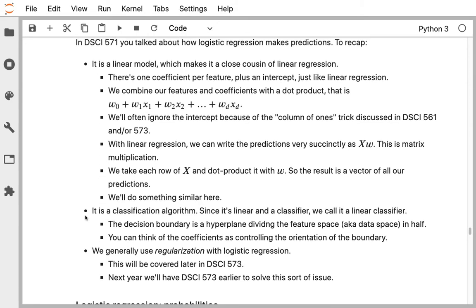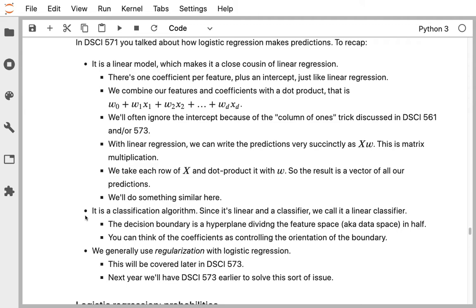Next thing to say about logistic regression is that it's a classification algorithm, and it's linear, so that's why we call it a linear classifier. The decision boundary is a hyperplane dividing the feature space, or the data space, whatever you want to call it, in half.